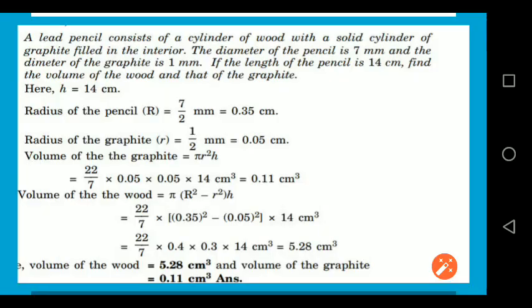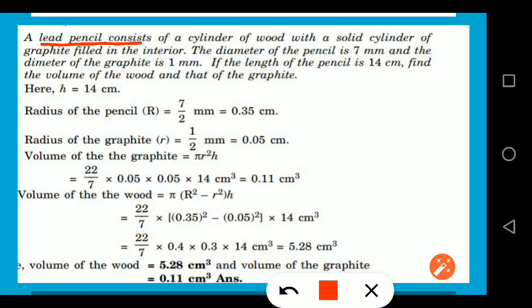Okay, today's last question. The question says that there is a lead pencil, which consists of a cylinder of wood with a solid cylinder of graphite filled inside the wood. Did you ever observe your pencil?